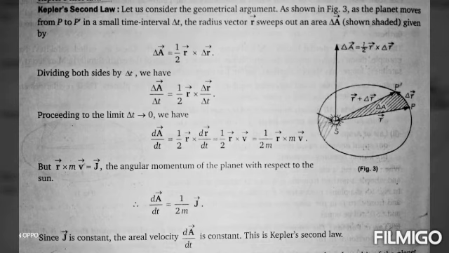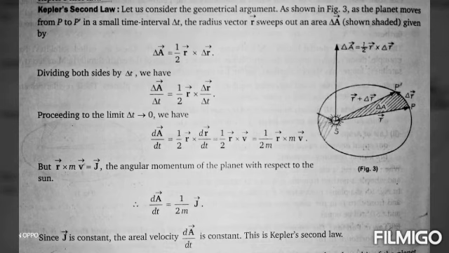Proceeding to the limit delta t tends to 0, dA by dt is equal to half r vector cross dr by dt, which is half r cross v, since dr by dt is the velocity vector. So it becomes 1 by 2 m r cross m v, as we are multiplying and dividing the right-hand side by mass m.